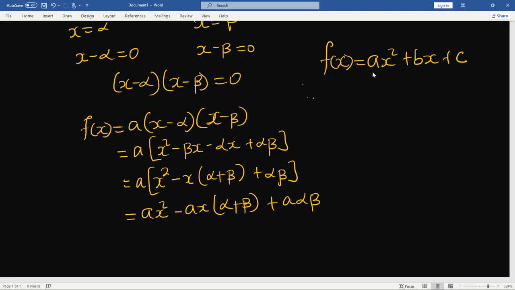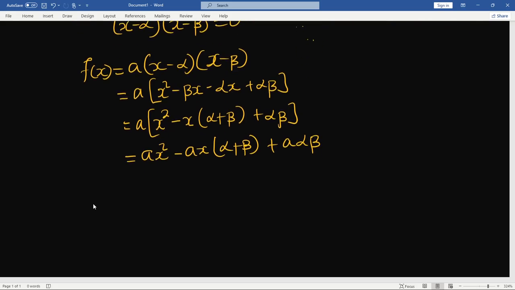So we're just going to compare the two functions and equate the like terms together, because f(x) is equal to f(x). One function that we have is f(x) = ax² - ax(α + β) + aαβ.